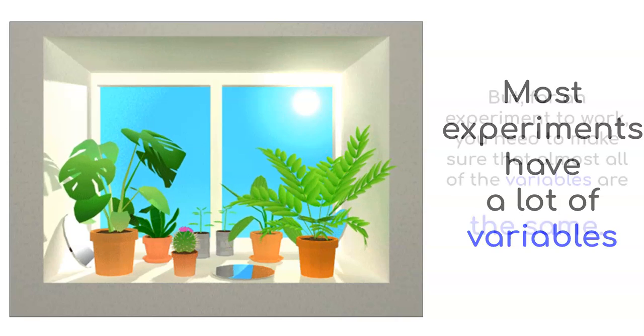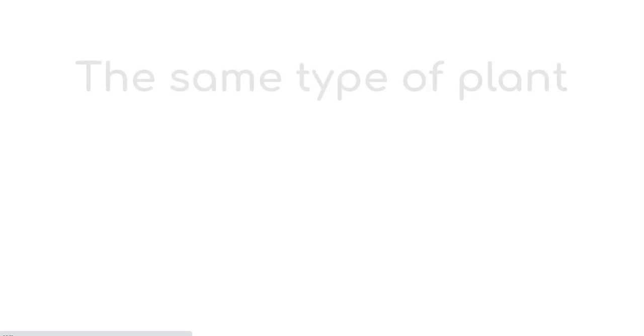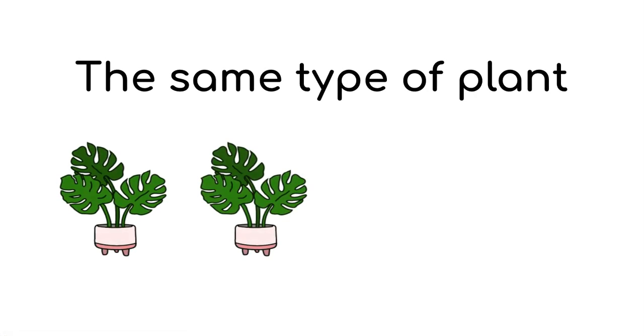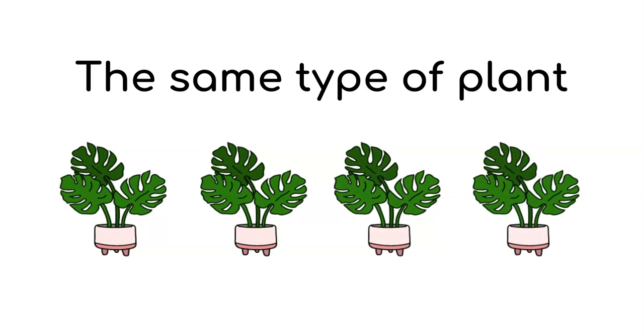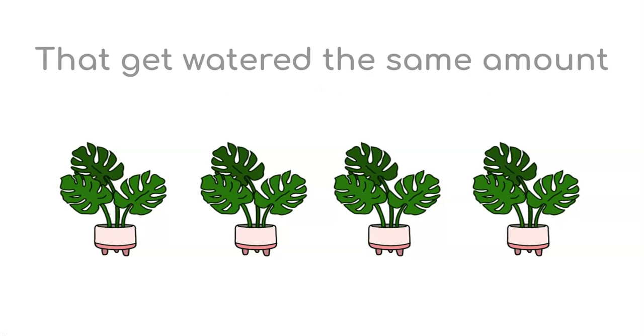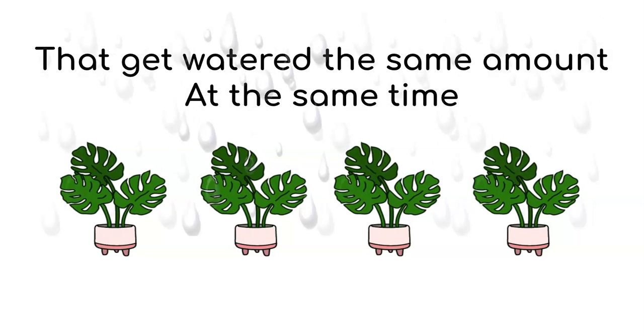Most experiments have a lot of variables, but for an experiment to work, you need to make sure that almost all the variables are the same. The same type of plant. That are all the same size. They get watered the same amount at the same time.